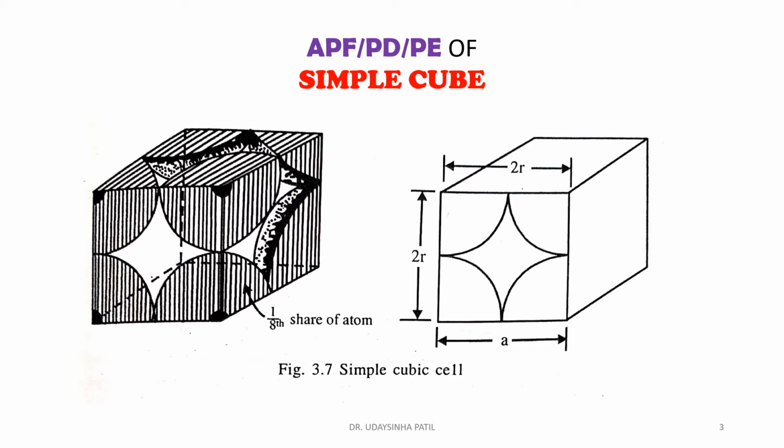If we take an atom at one corner, it is surrounded by 6 equidistant nearest neighbors. Hence, the coordination number for the simple cubic lattice is 6.